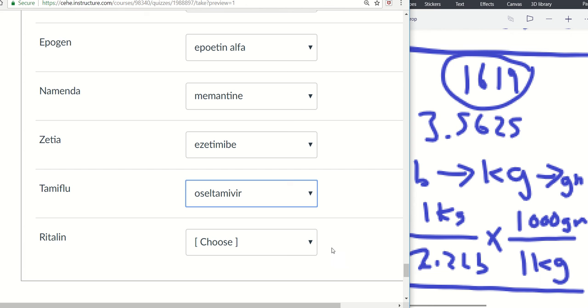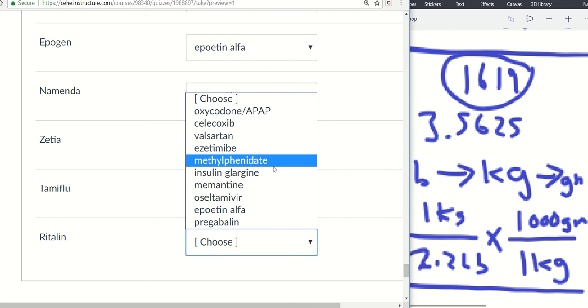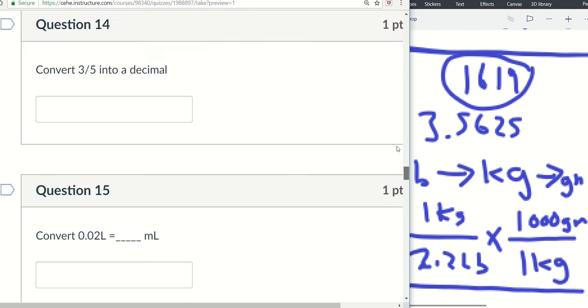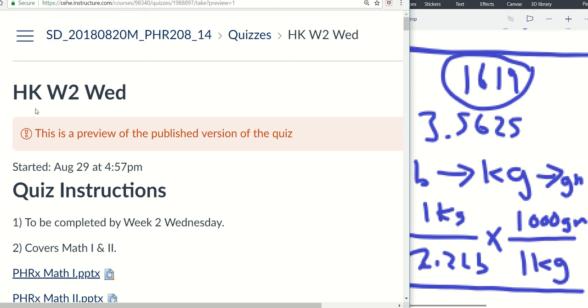Yeah, it makes it easy, right? And then one carbon away from methamphetamine is amphetamine. So Ritalin is methylphenidate. Double check your responses before you submit. So this again is Pharm 208, homework week 2 for Wednesday of this class.